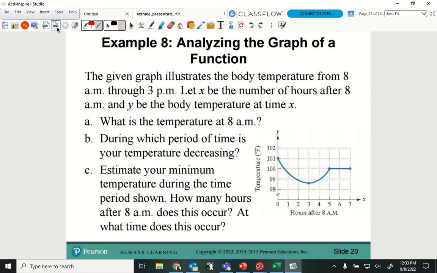Alright, example 8, last problem. So this is reading a graph. For those people that are following along, paying attention, we're reading from the graph.